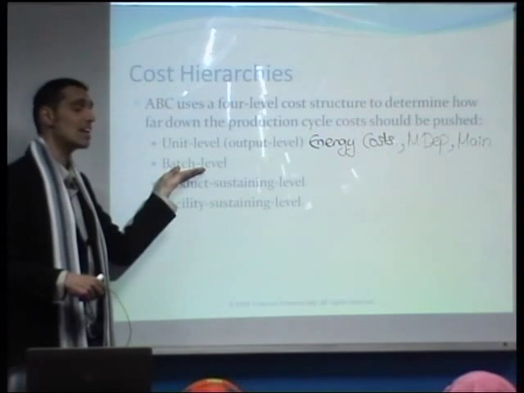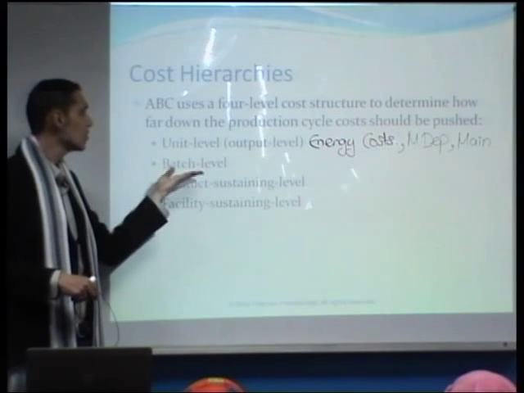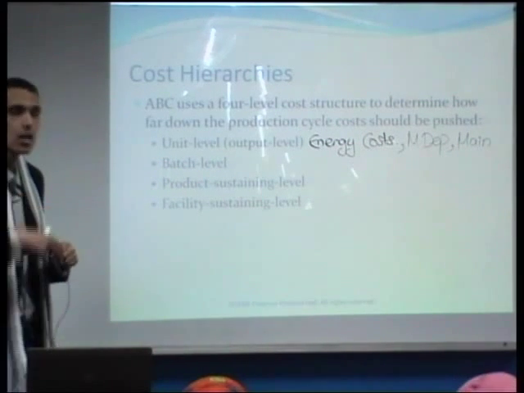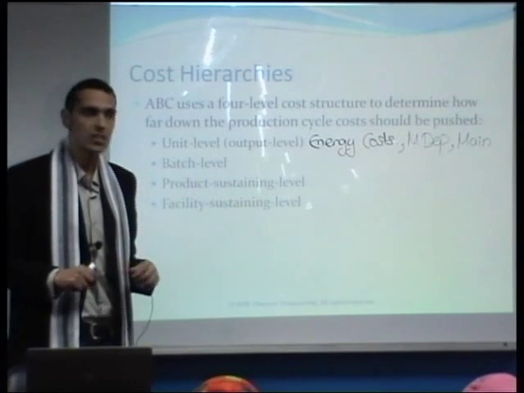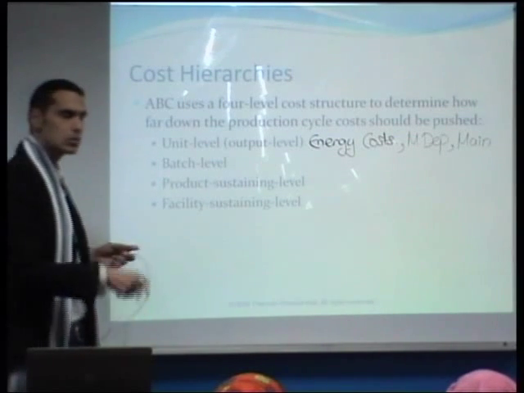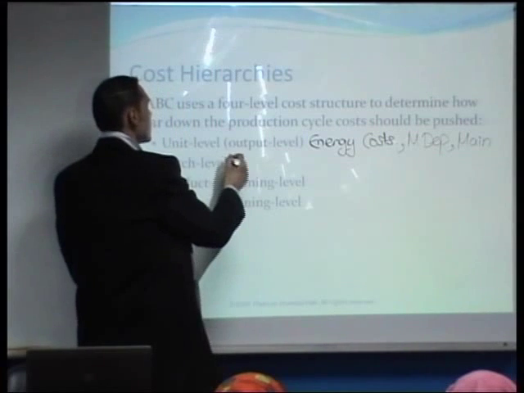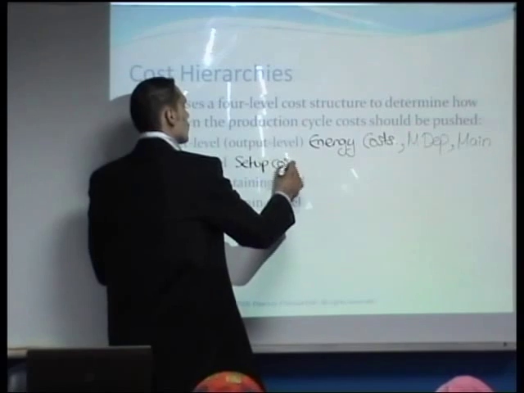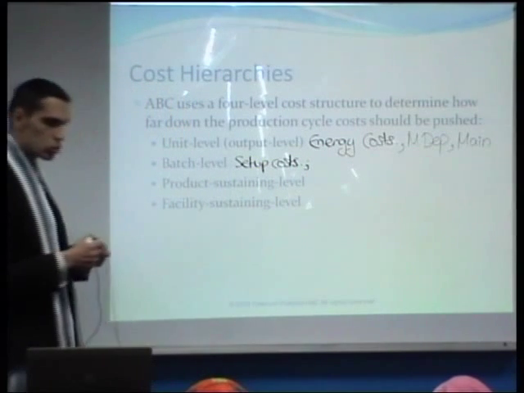While here at the batch level, as we just saw with the setup costs, these costs are related not to individual units, but to a group of units. This is considered a batch level. Of course, we found out, according to the Plasm Corporation case, that the setup costs are batch level costs.